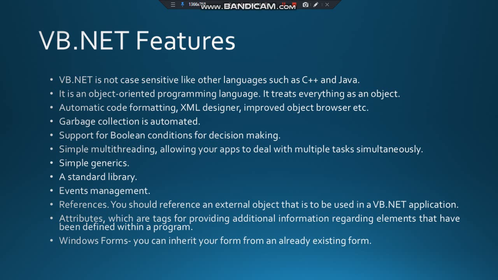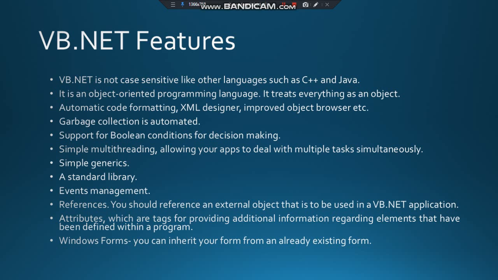It has automatic code formatting, XML designer, improved object browser. It has automated garbage collection. It supports Boolean conditions for decision making. We'll see Boolean conditions later on. It has simple multi-threading, allowing your apps to deal with multiple tasks simultaneously.